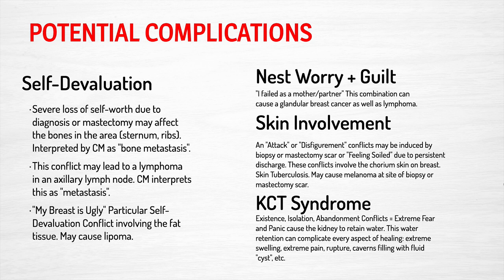And so this is just to keep in mind that you can have multiple conflict shocks going on at the same time, which from the conventional medicine point of view, looks very much like the cancer is spreading around to all these different areas, but what's happening is the complexity of the human individual and the way that they are seeing their situation and the way that they're experiencing the cancer, the way they're experiencing themselves. And so that's why there's so many different things that can go on.